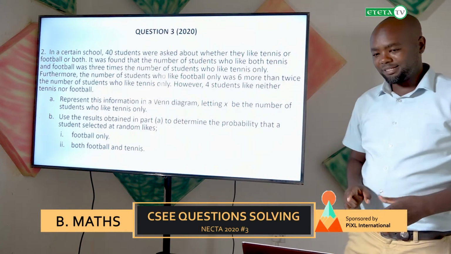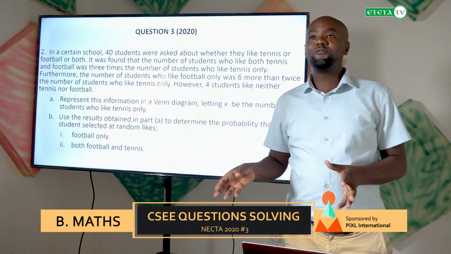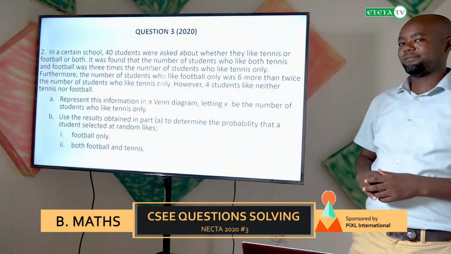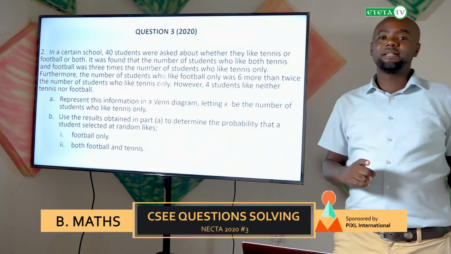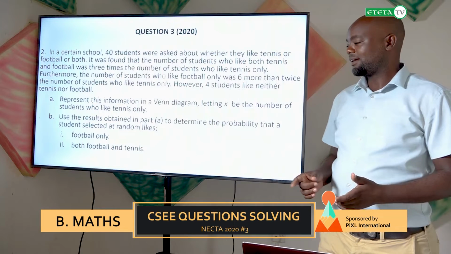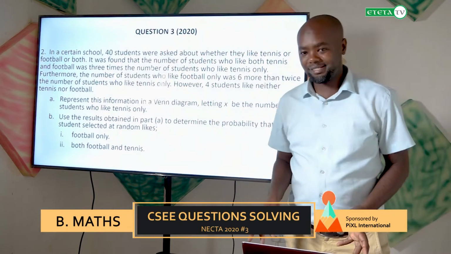In probability, we know that there is an expected outcome from the total sample space. The expected outcome we denote by the letter E, and the total sample space should be denoted by the letter S.